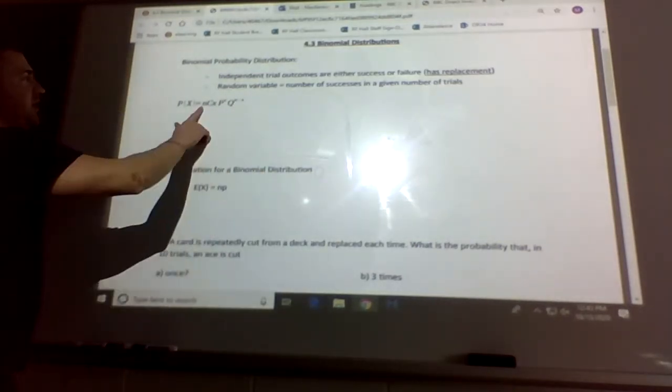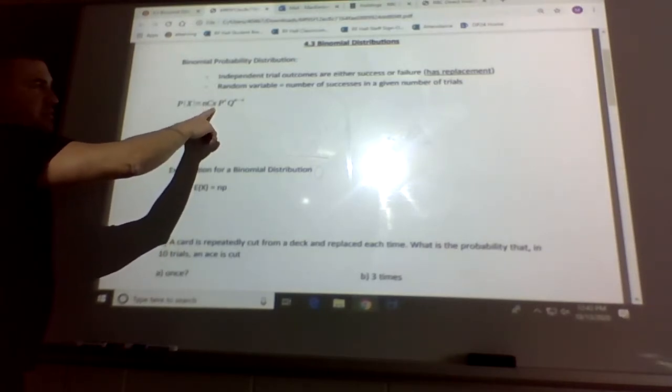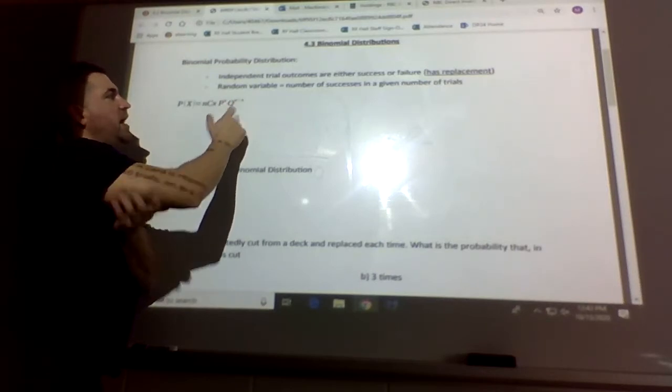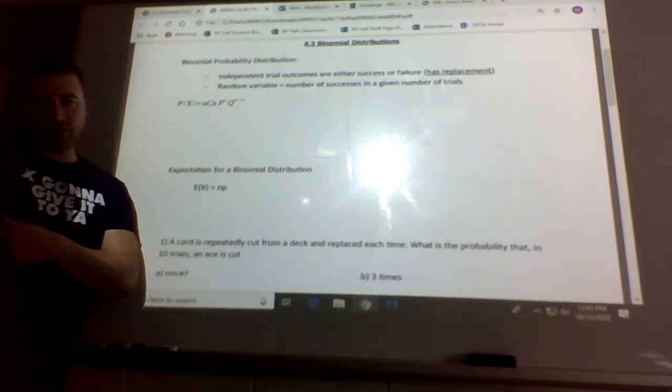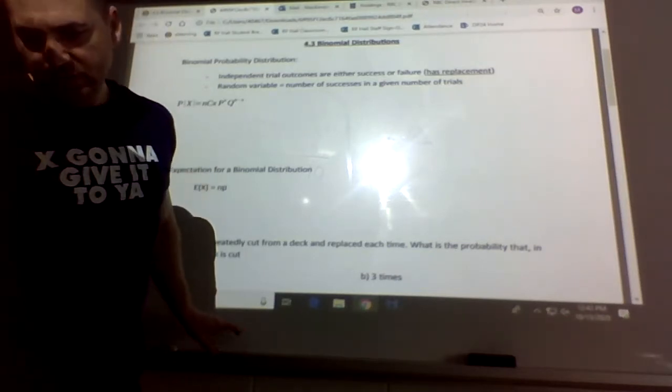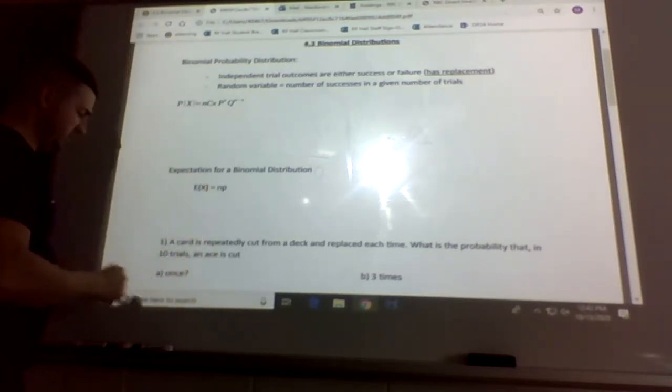So the formula here is nCx, not nCr, nCx, p to the power x, and then q to the n minus x. So n is the total trials.